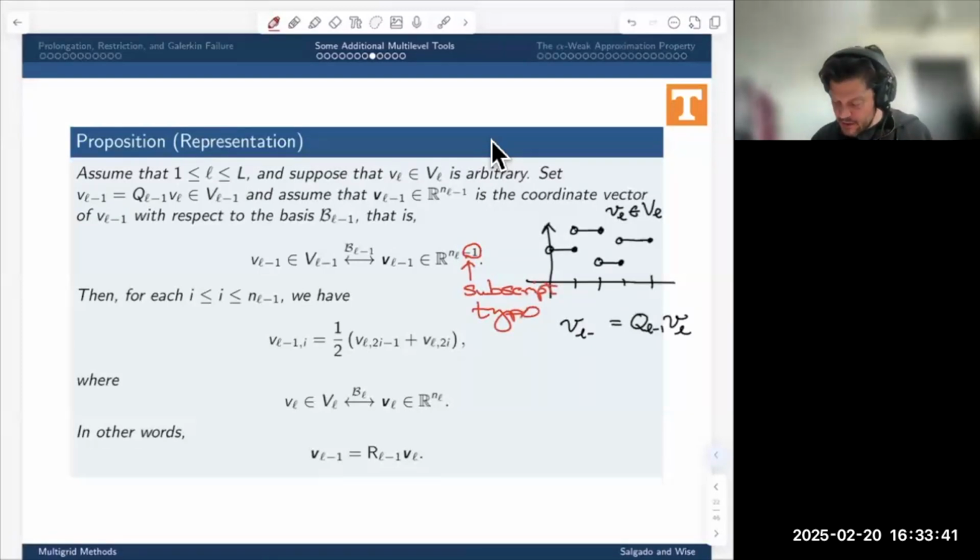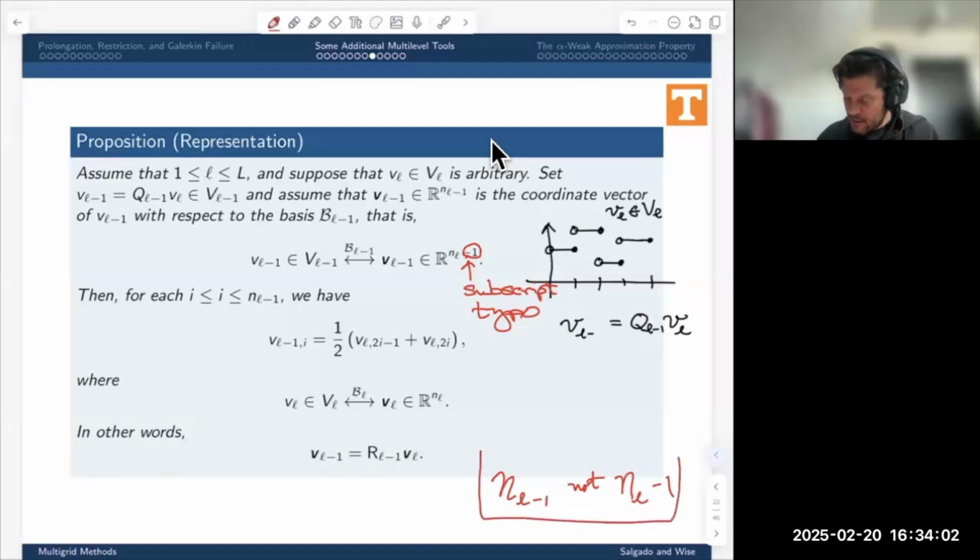It should be NL minus 1, with the subscript being the minus 1, not NL minus 1 where the minus 1 is not subscripted. Hopefully I'll see that and make that correction.